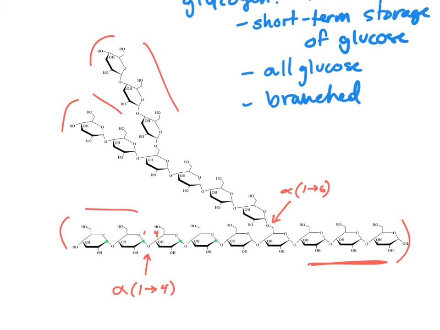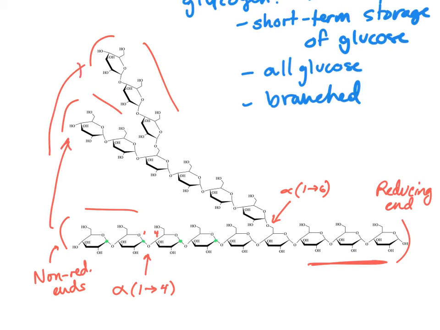Now, here's an interesting little terminology thing. We call this over here a reducing end, and all of these are non-reducing ends. So where does that come from?